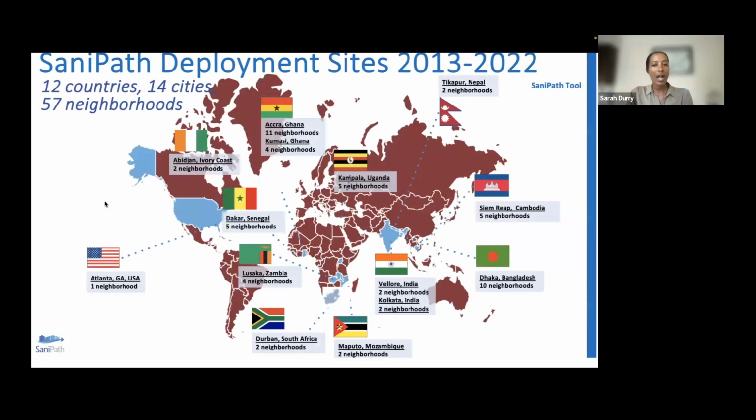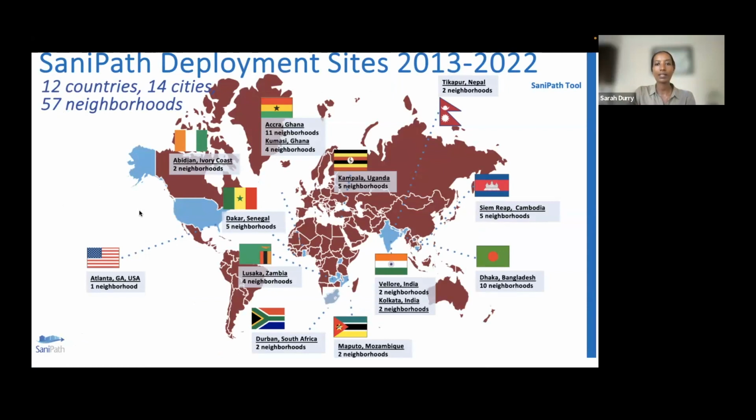So this map here highlights where SaniPath deployments have taken place. Most of these here, so you can see we have 12 countries, 14 cities, 57 neighborhoods. The units that we normally do these deployments is at the neighborhood level. Most of these were done with the technical assistance of the SaniPath team.